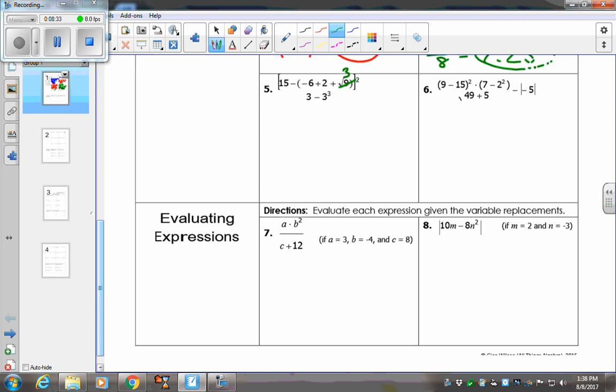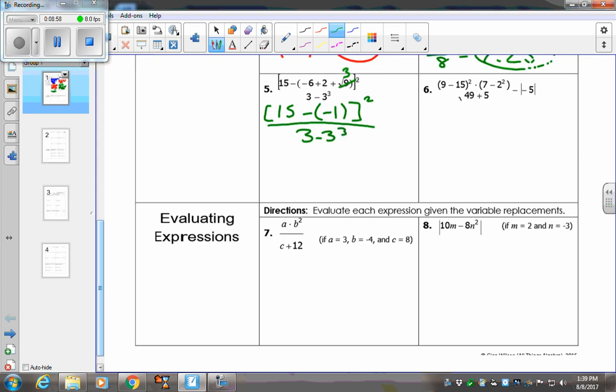So what is -6 plus 2 plus 3? -1. So now I have 15 minus -1 squared divided by 3 minus 3 cubed.